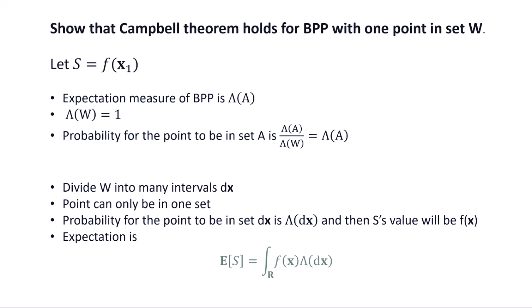There are many such sets, and S can only take one of these values. So the expectation would be, if I add over all these intervals, f(x) into Lambda(dx), and then integration because it's a continuous summation. So this is exactly what Campbell's theorem will give us also.